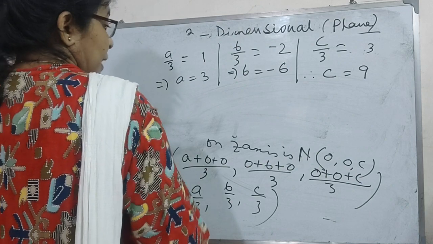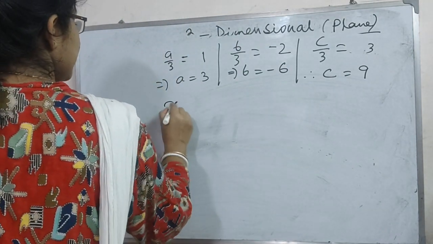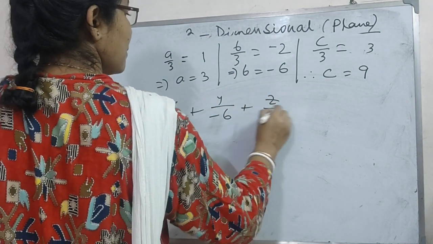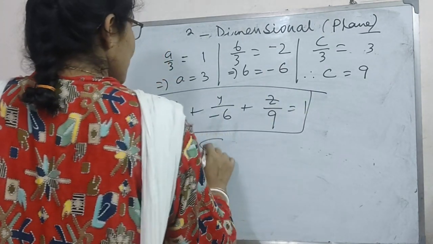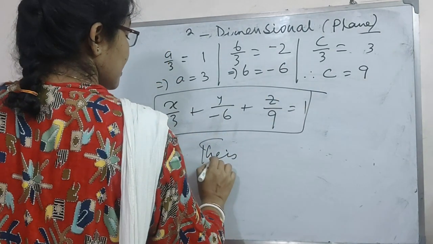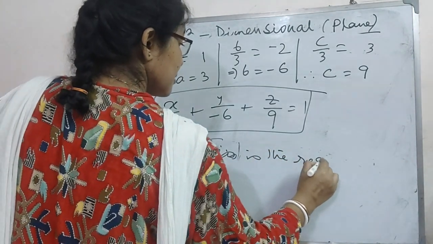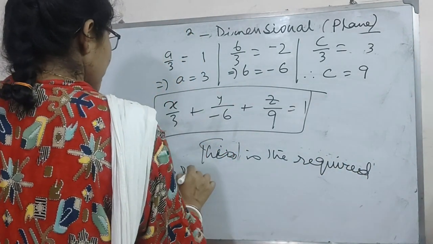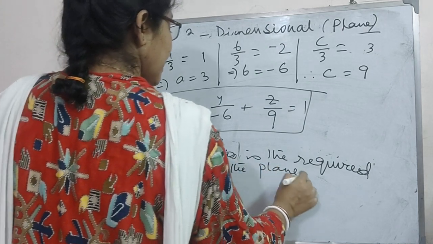So the required equation of the plane is x/3 + y/(-6) + z/9 = 1. This is the required equation of the plane.